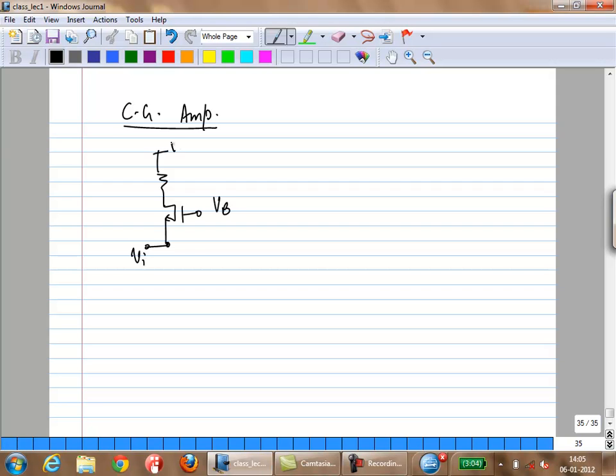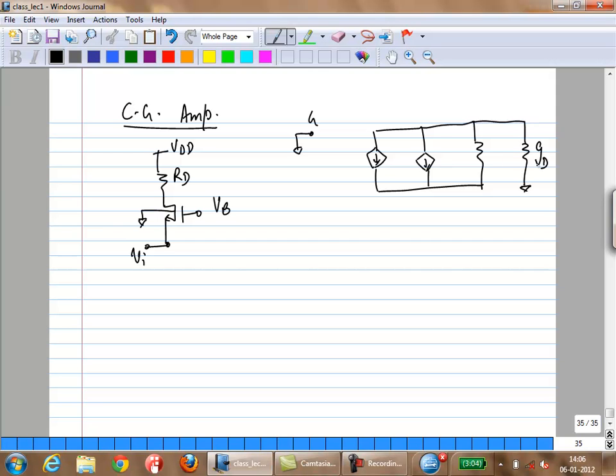So let's call this the bias. Okay, so this is your common gate amplifier with a resistive load. This is your VI, right?